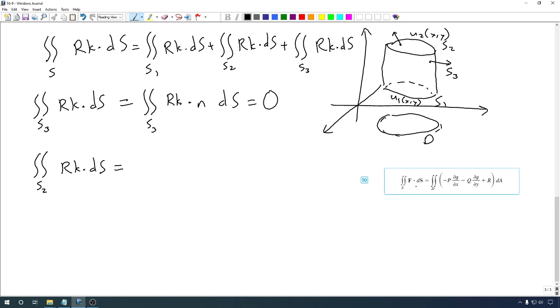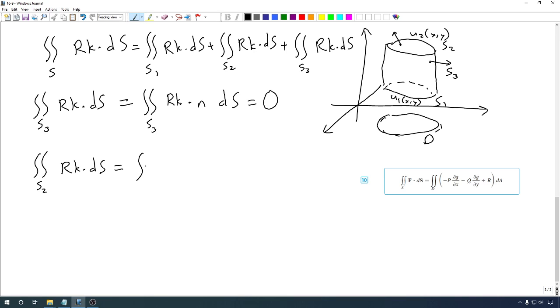So the surface integral over S, where S is given by the graph of a function g of x and y, is given as the double integral over the region in the plane of this function here. But what we have here, we just have R k. We do not have a P or Q. We can treat those as 0. So that makes this a lot easier. That means that these first two terms are gone, and we just have this R here.